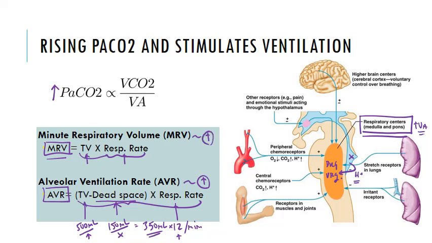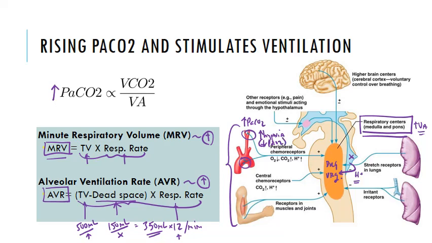Similarly with the peripheral chemoreceptors in the aortic and the carotid bodies, these will be triggered both by increasing PaCO2 as well as increasing hypoxia, or I should also write decreased PaO2.